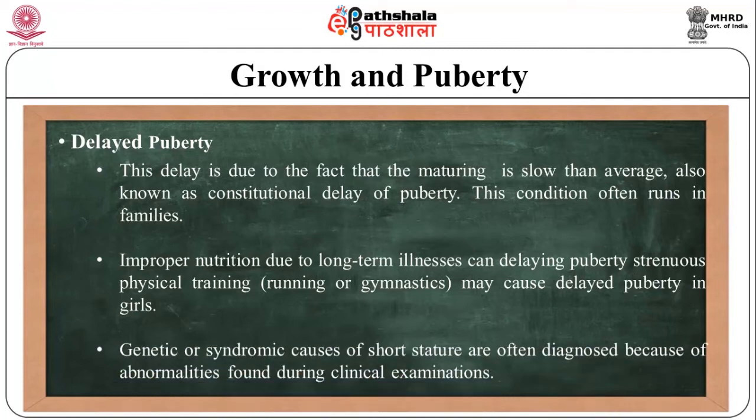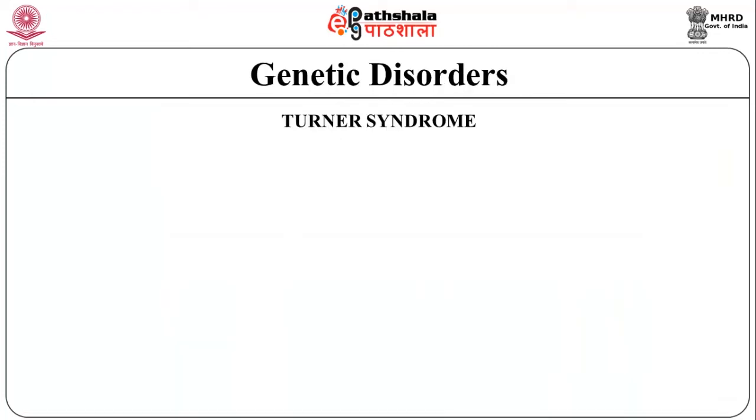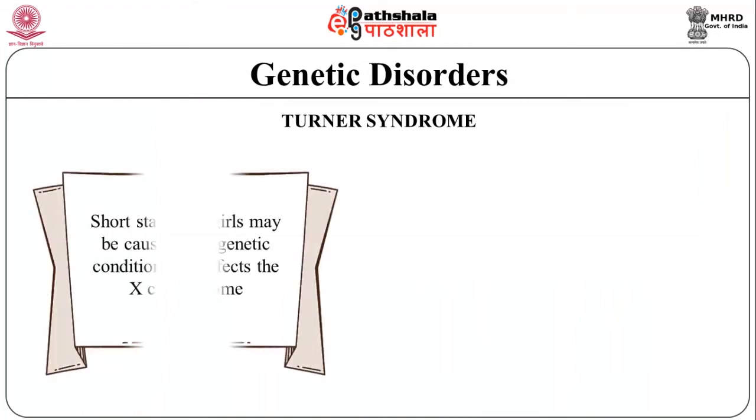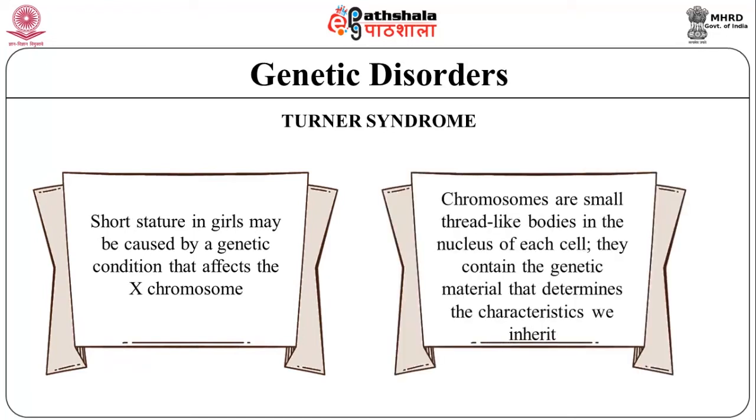Now, genetic disorders. Genetic or syndromic causes of short stature are often diagnosed because of abnormalities found during clinical examination. One of such is Turner syndrome. Short stature in girls may be caused by a genetic condition that affects the X chromosome. Chromosomes are small thread-like bodies in the nucleus of each cell. They contain the genetic material that determines the characteristics we inherit.